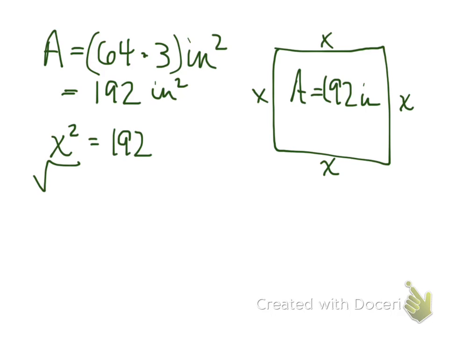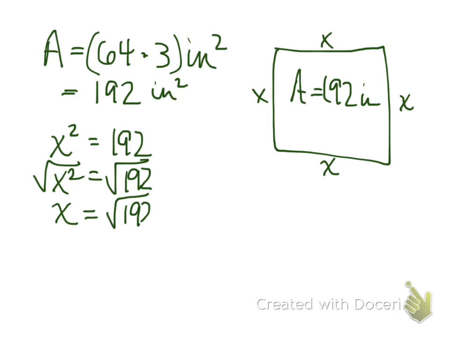So the square root of x squared is equal to the square root of 192. So x is equal to the square root of 192. So I could use rational approximation on this, but instead of going through the steps, I'm going to make a guess.